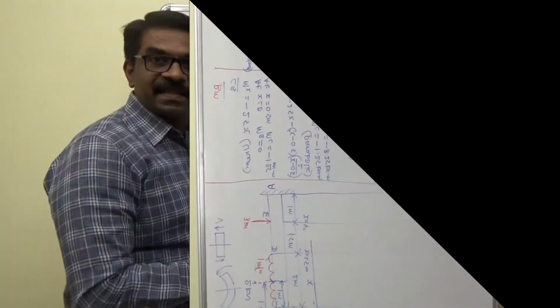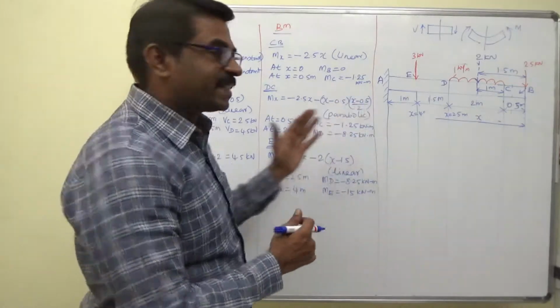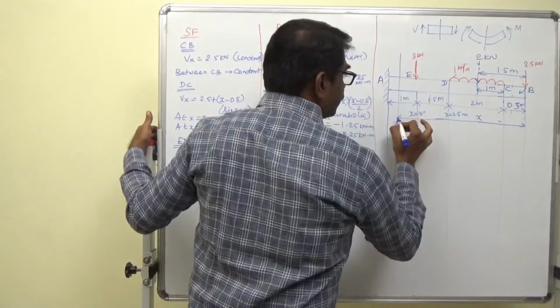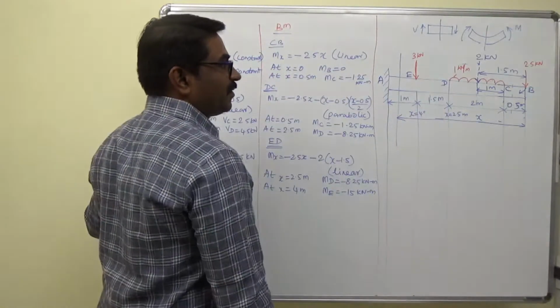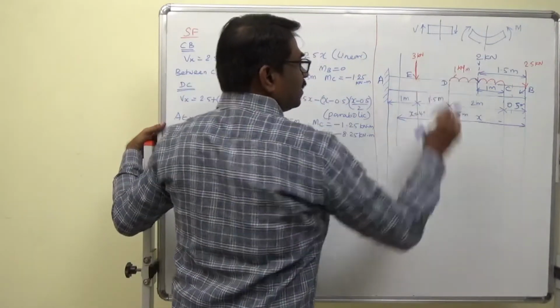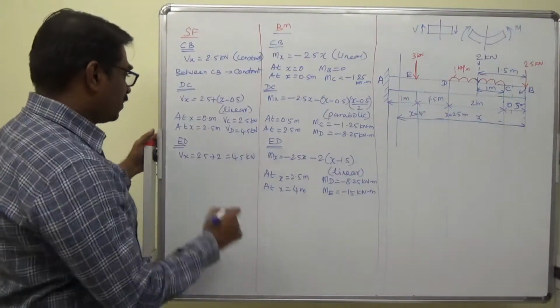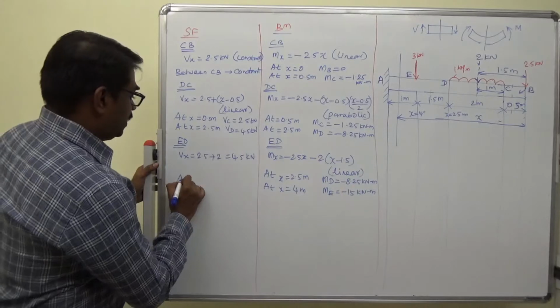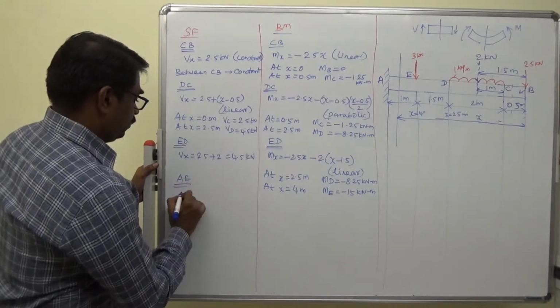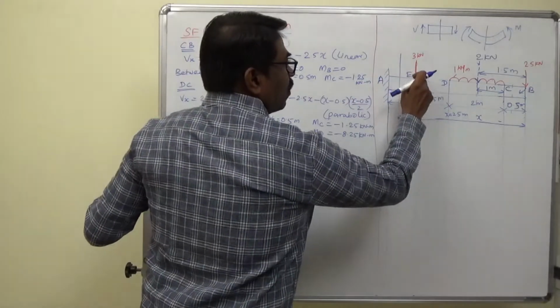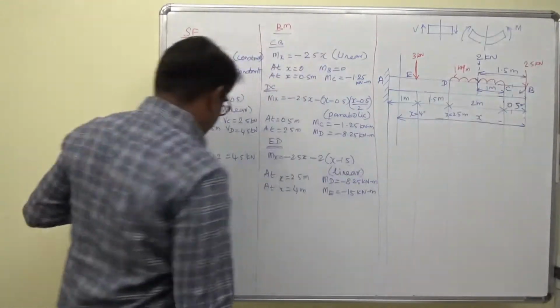Now we will discuss the fourth segment, or the final segment. I am passing a section. Now I will find the shear force and bending moment for AE. Vx: to the right, I have 1, 2, 3 forces.